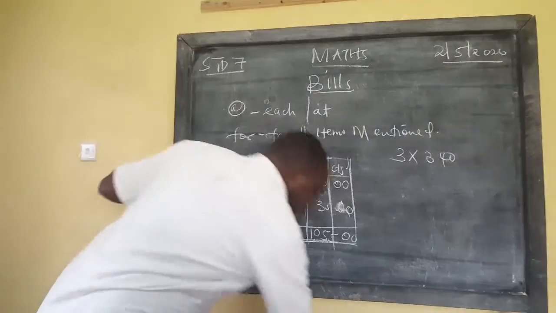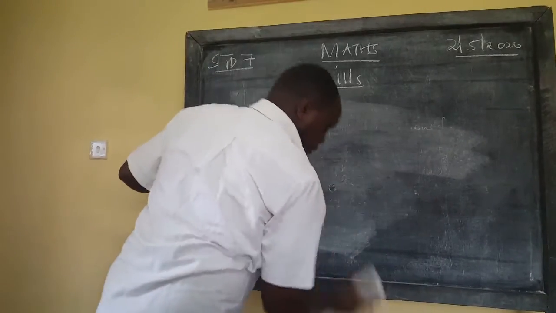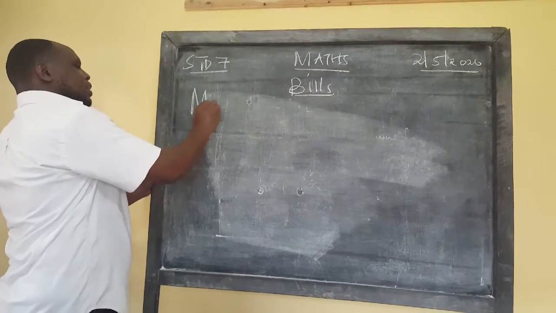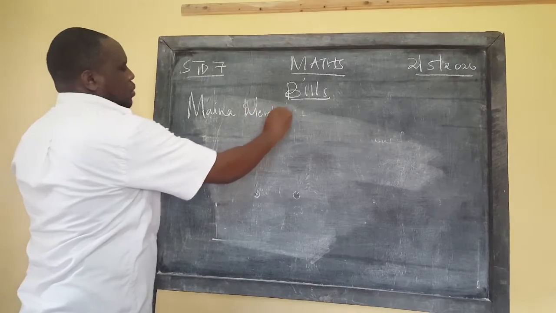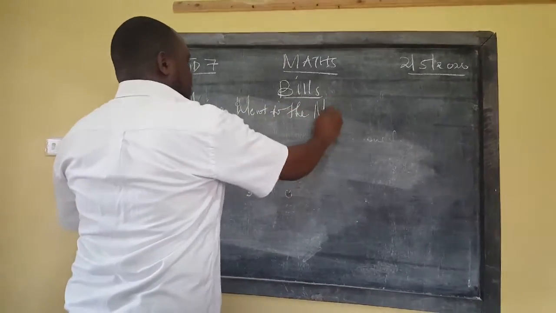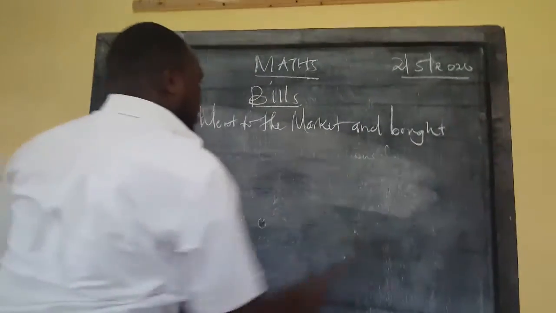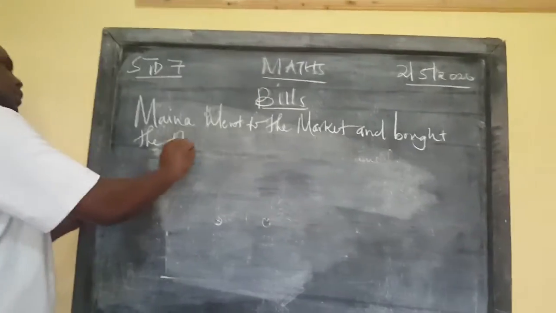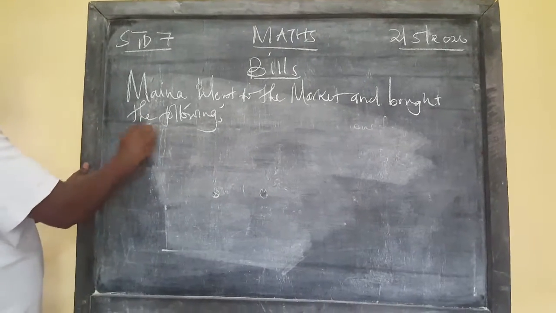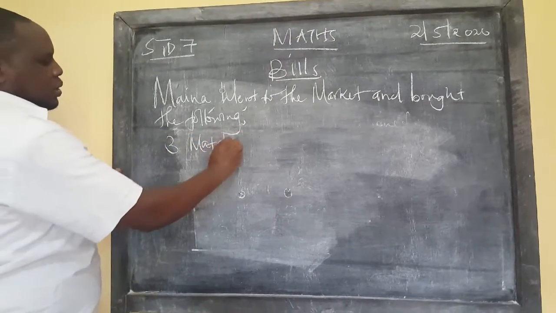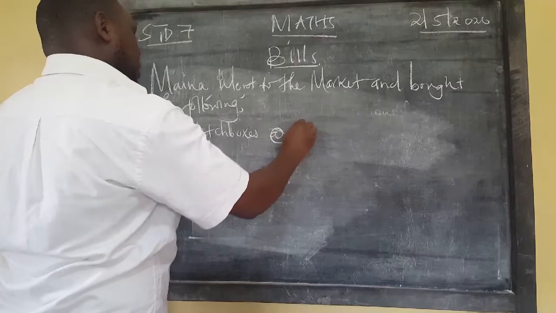Now I want to list some items here. Minor went to the market and bought the following: 3 match boxes at 5 shillings.